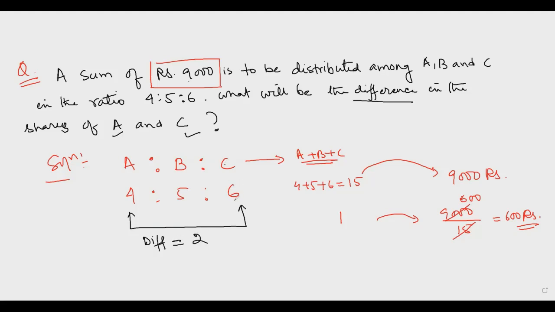Because the value of C is 6 and the value of A is 4, the difference will be 6 minus 4, that is 2. So we have to find the value of this 2. We know the value of 1 is now 600, so 2 will be nothing but 2 into 600. So that will be 1,200 rupees.